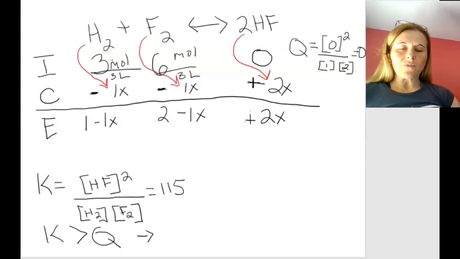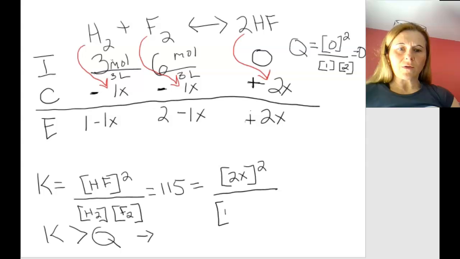So now we are going to fill that in. We've got 2x squared, and we've got 1 minus 1x, no exponent, and 2 minus 1x, no exponent, equals 115.